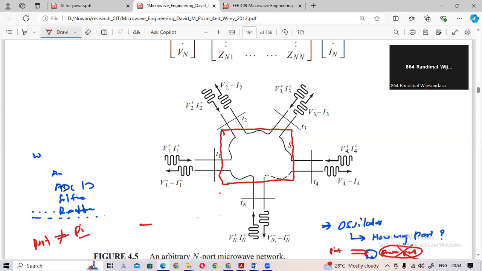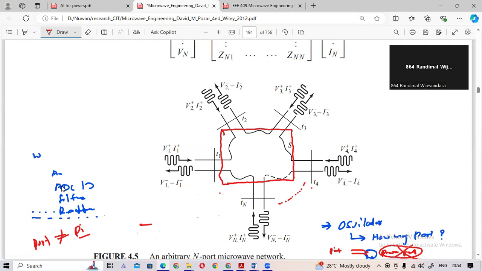So this is the circuit, and these are the ports. Here only 4 ports are there, but this is considered as an N-port circuit. So there are circuits from 4 to N. This is a 4-port network.